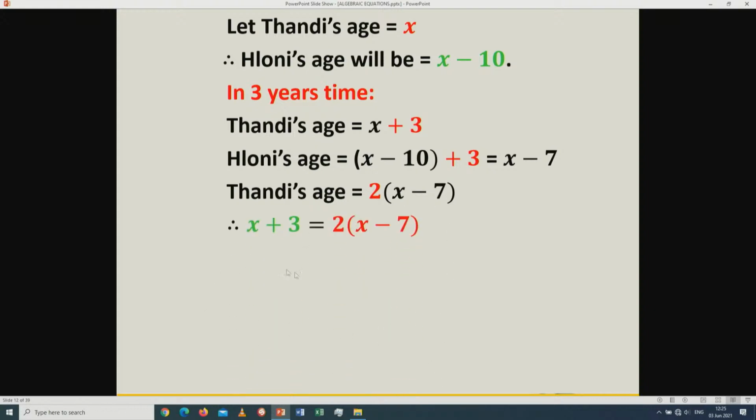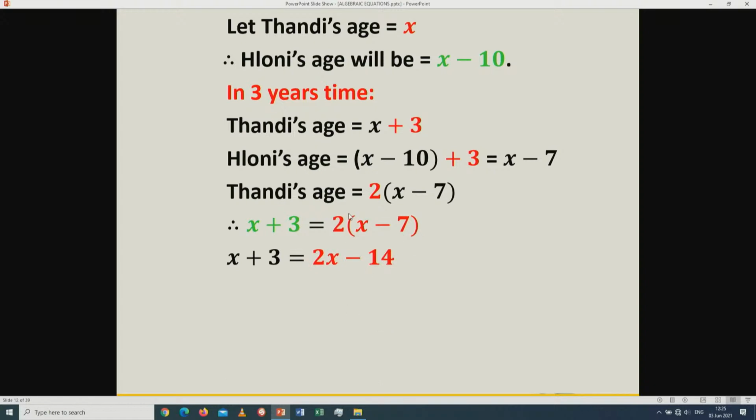Now we know the age of Thandi. We replace Thandi's age in 3 years' time, x plus 3, which will be equivalent to 2 into x minus 7. Now the equation is set up. Then we solve it.